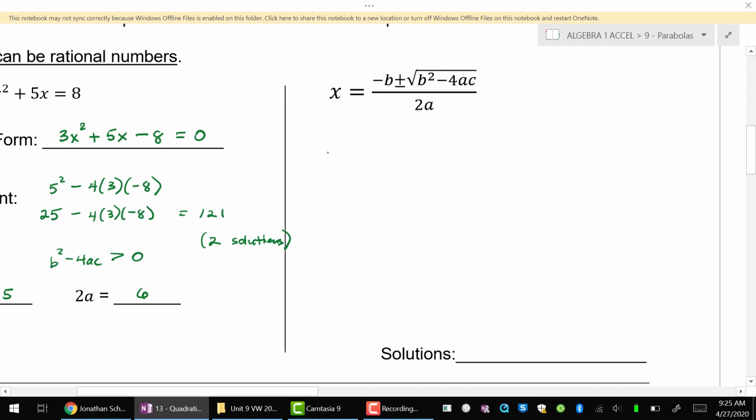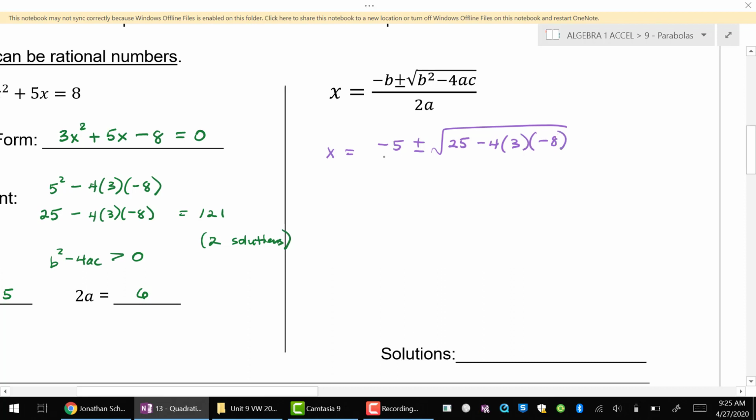So x equals the opposite of b plus or minus the square root of b squared minus 4ac. And again, we computed that earlier, but I'll just write it down again. So 25 minus 4 times 3 times negative 8, all underneath the radical there.